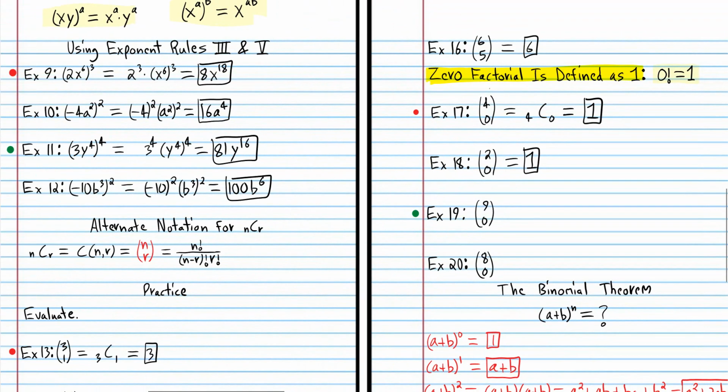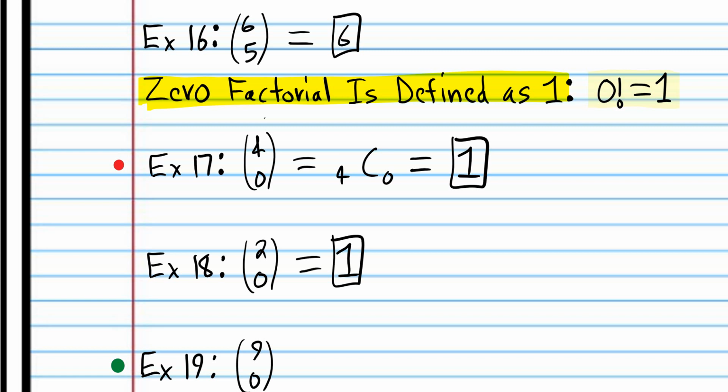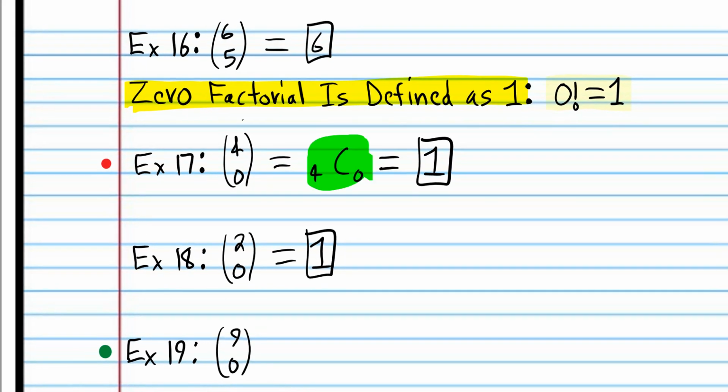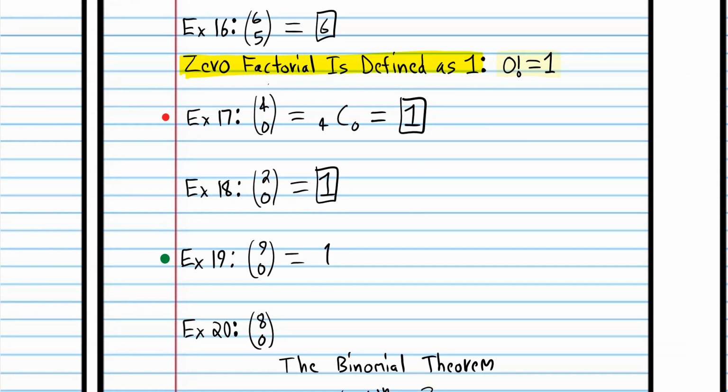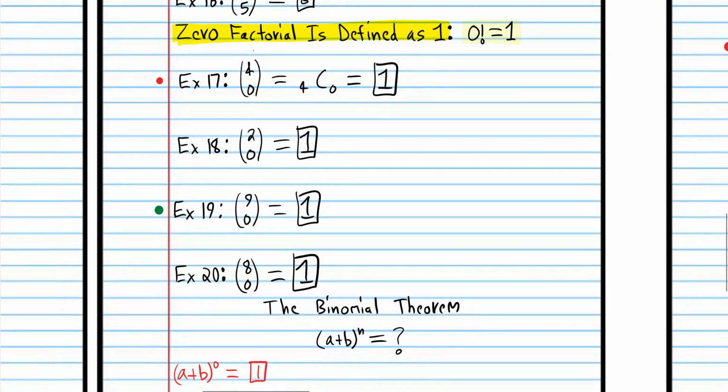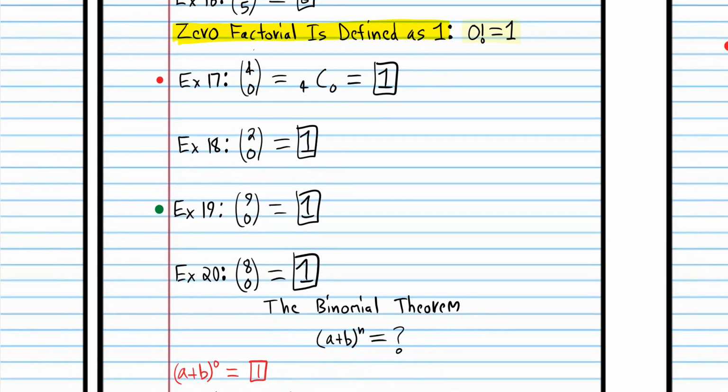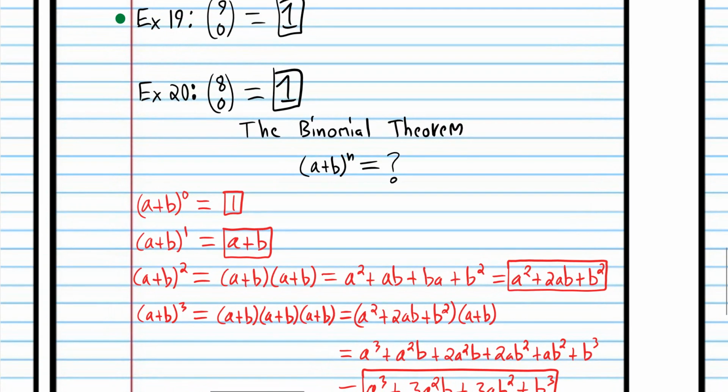So you can see it doesn't make sense when it comes to the equation, and it doesn't make sense when it comes to the concept of counting how many ways you can choose r things out of n things. So this concept really doesn't make any sense. That shouldn't have any real value. So again, for convenience, mathematicians define it to be 1. So I'm not going to make you do these problems because it's pretty obvious what the answer is. They're all just equal to 1. All right, so we're going to use that in the rest of the class.